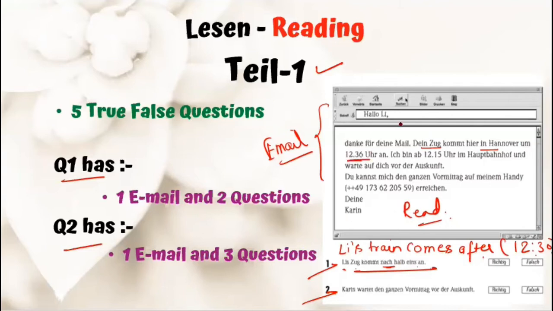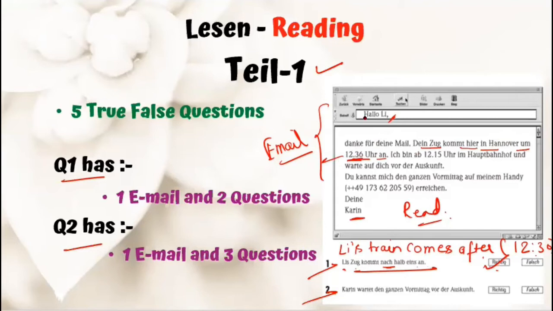Karen is writing to Lee that your train comes here in Hanover at 12:36. So is this statement right or wrong? This is right. The statement says that the train comes after 12:30, and the email says yes, it's 12:36.